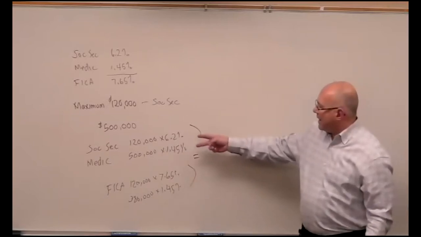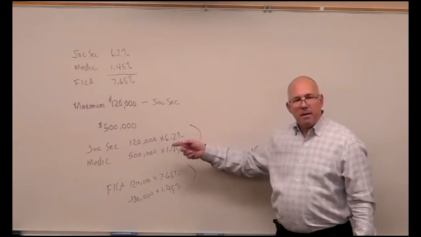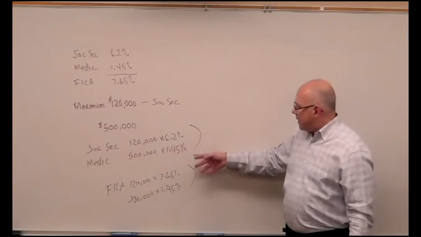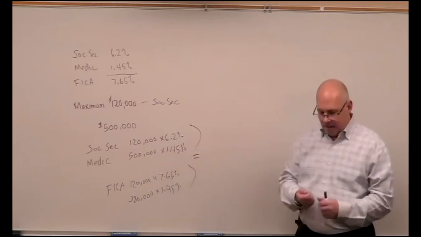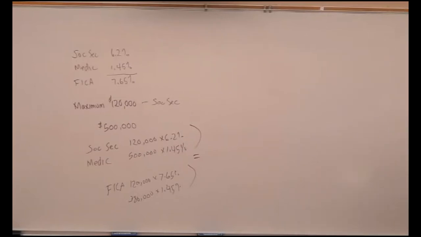In my mind, I like to treat them separately: Social Security to the maximum, no maximum on Medicare. You get the same answer. The maximum gets both pieces, then only the smaller percentage thereafter.